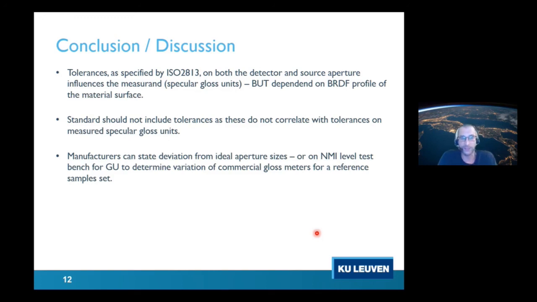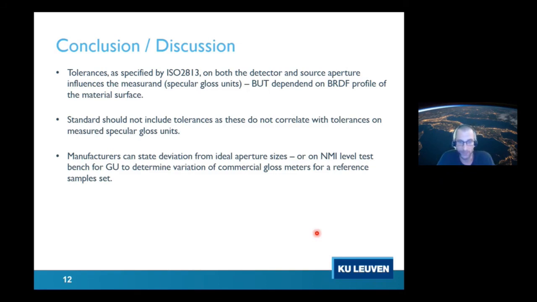So I think the standard should not include these tolerances, as they do not correlate with the tolerances on the measured specular gloss units. An idea, or just a thought, is that a manufacturer should state what their aperture sizes are and how they deviate from what they should be.